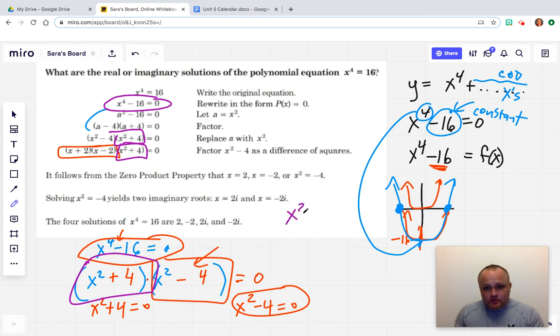So here we go again. x squared minus 4, if you did difference of squares, which is subtraction of squares, it'd be x, and the square root of 4 is 2. This is a negative, so one would be a positive, one would be a negative. That's how we got this piece right here.